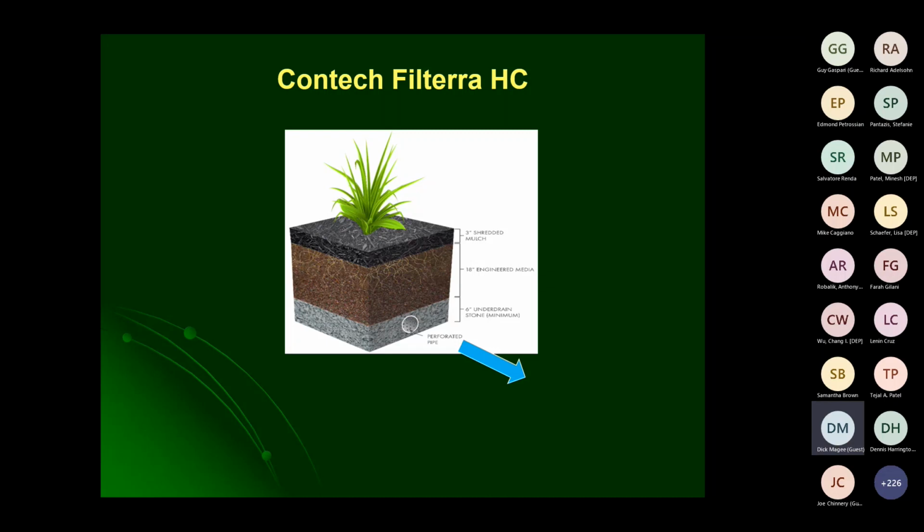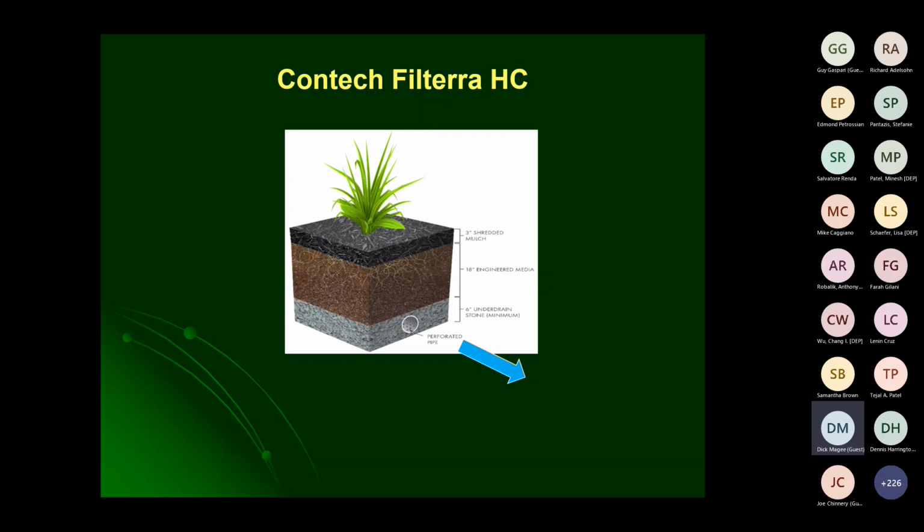Now, these devices can be, but I've not seen them yet, can be used to infiltrate directly into the ground. New Jersey requires, to meet the green infrastructure designation, that you be able to infiltrate 100% of the treated stormwater into ground.